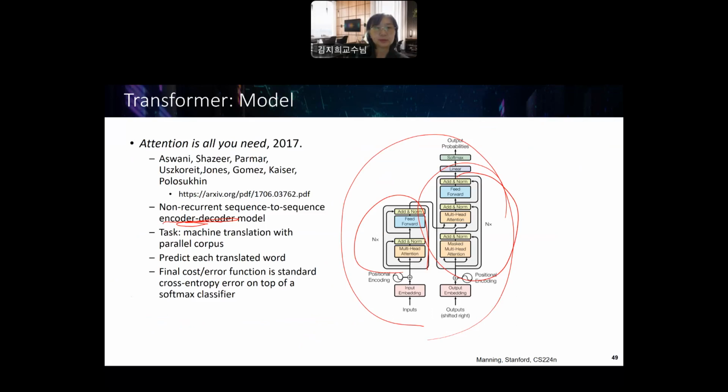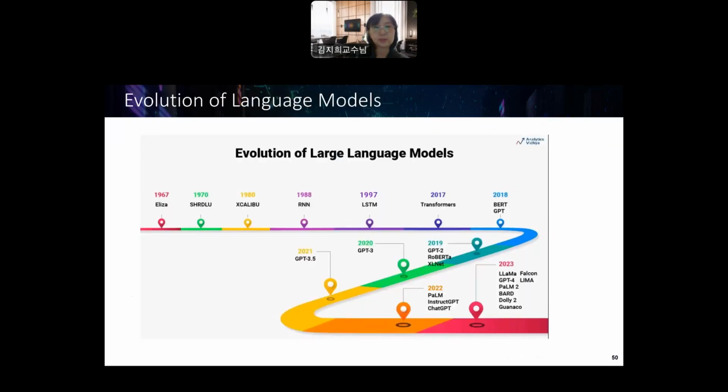This has demonstrated a lot of effectiveness in natural language processing. It instigated a lot of evolution in language models and made it possible to create even large language models.